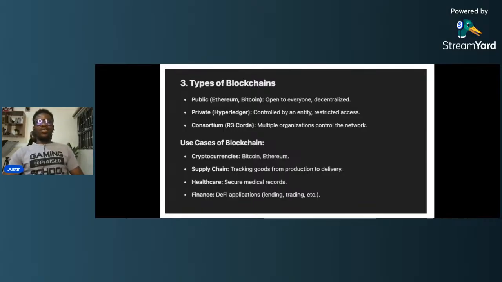But with blockchain, once a record is executed and broadcast, it is there for life and can't be tampered with. That is a very good example of a tamper-proof use case for medicine. Then there's healthcare, secure medical records.